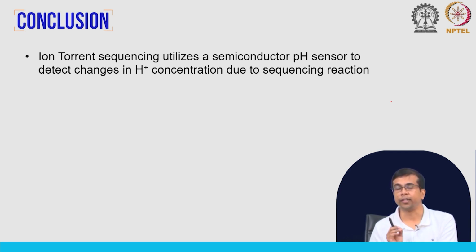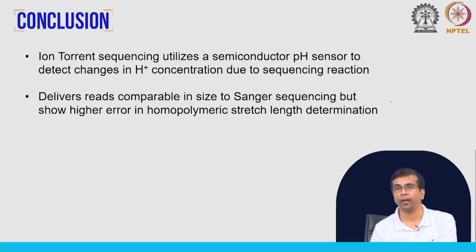When you synthesize the complementary strand of a DNA molecule, there is a release of H plus ion every time a base is added. This change in H plus ion concentration is detected by the sensor, which then calls the base. This happens in cycles, as we have discussed: we add one dNTP at a time, and we observe for signals.